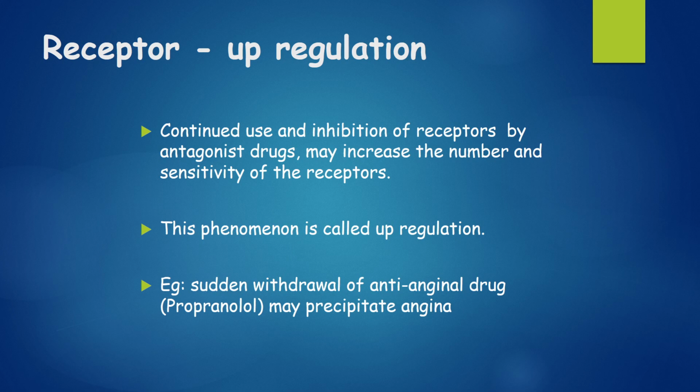So when we stop these drugs suddenly, they will go to the mere opposite side. That's why we advise these types of patients not to stop the drugs suddenly. We will have to consult a doctor, and reduce the dose gradually and then stop the drug. Many of the drugs are like that.